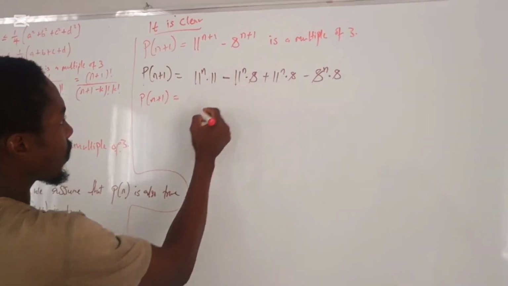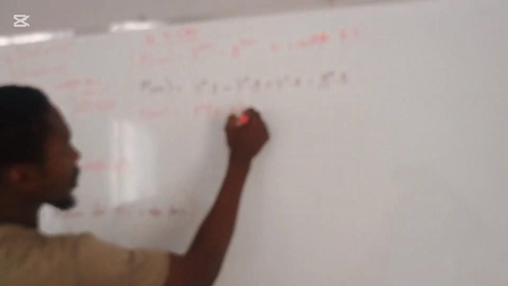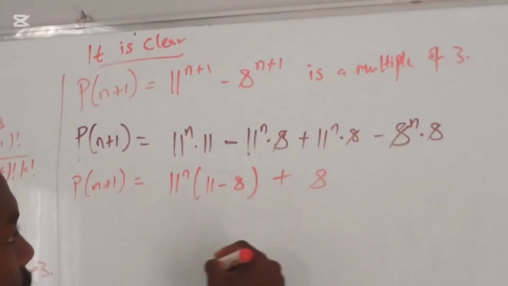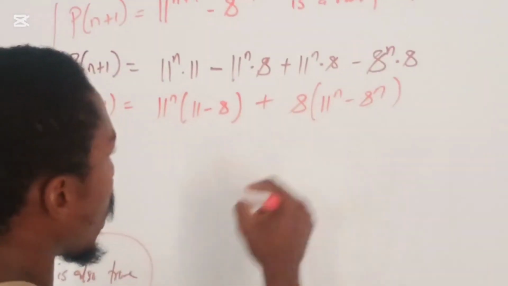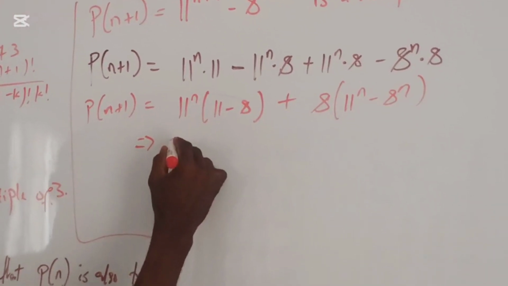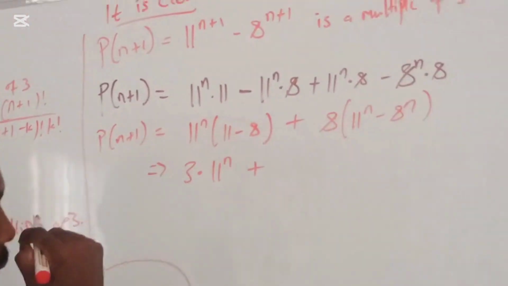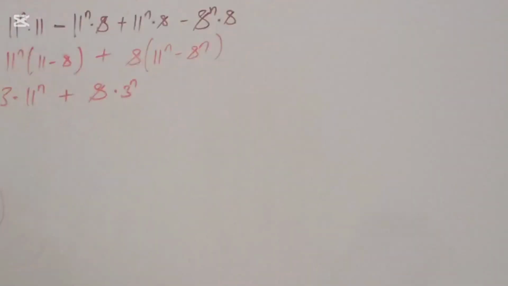From here, 11 raised to the power n is common. This is 11 raised to the power n into (11 minus 8), plus, here 8 is common, bring 8 outside, we have 11 raised to the power n minus 8 raised to the power n. So this implies that this is 3 multiplied by 11 raised to the power n plus 8 multiplied by 3 raised to the power n.